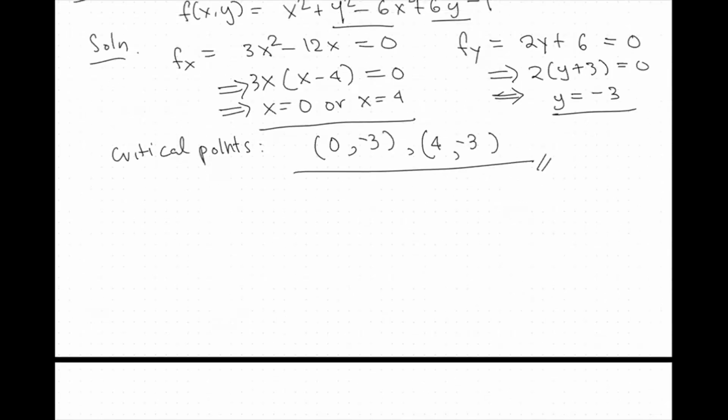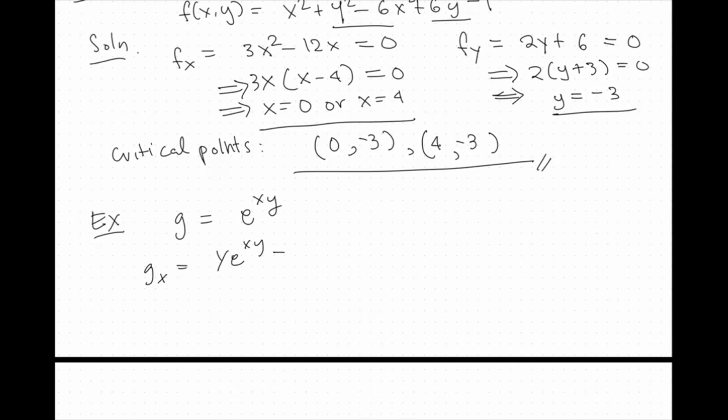Example number 2. We get g given by e raised to xy. So what are the critical points? So g sub x is equal to y times e raised to xy.